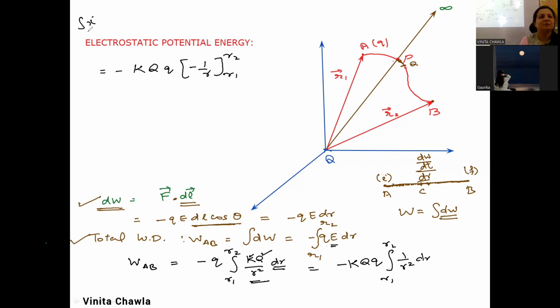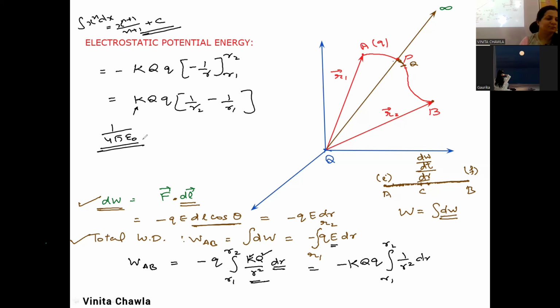Integral of x^n dx is x^(n+1) upon n+1. Yes, minus minus plus KQq, 1 by R2 minus 1 by R1. What is K? It is 1 upon 4 pi epsilon naught. Okay.